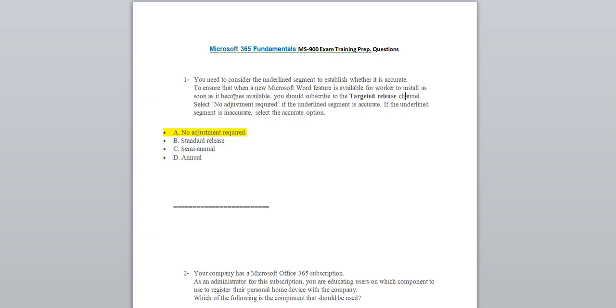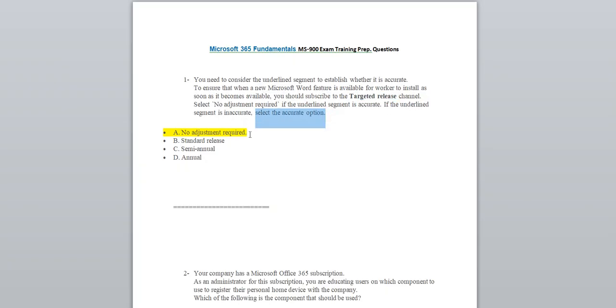as soon as it became available, you should subscribe to the, this is the underlined or bolded, Targeted Release channel. Select no adjustments required if the underlined or bolded segment is accurate. If the underlined or bolded segment is inaccurate, select the accurate option.